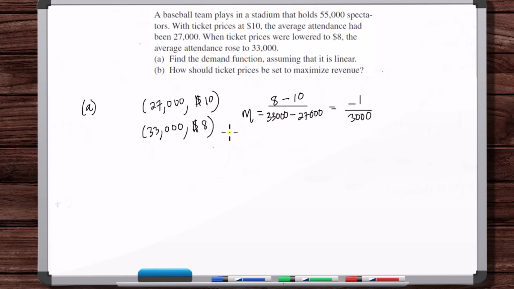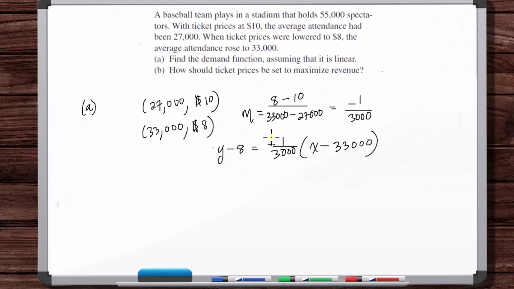Okay, so now let's write the formula for the line. Y minus Y1, let's pick a point here. Let's use this point. Y minus 8 is equal to M times X minus X1.